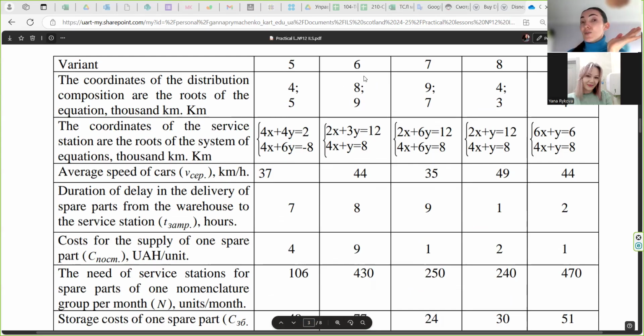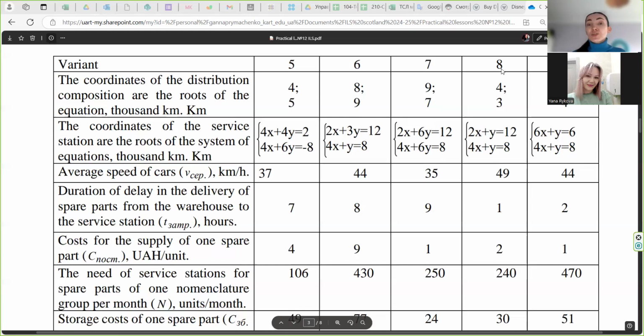X is equal to 8,000 kilometers, Y is equal to 9,000 kilometers. So we can write it somewhere on the paper or where you do your calculations.